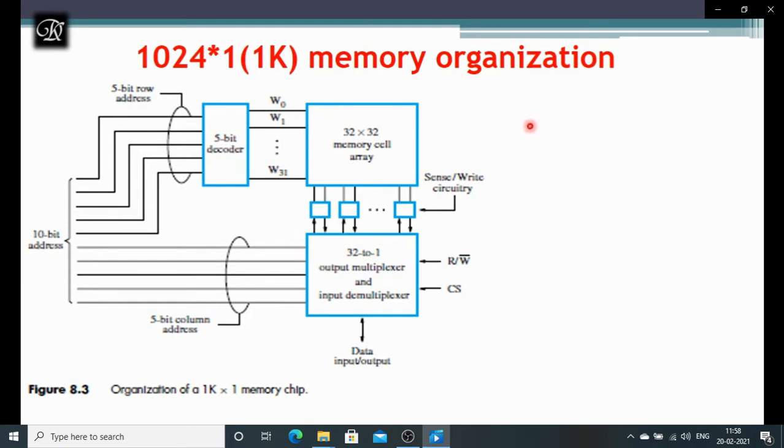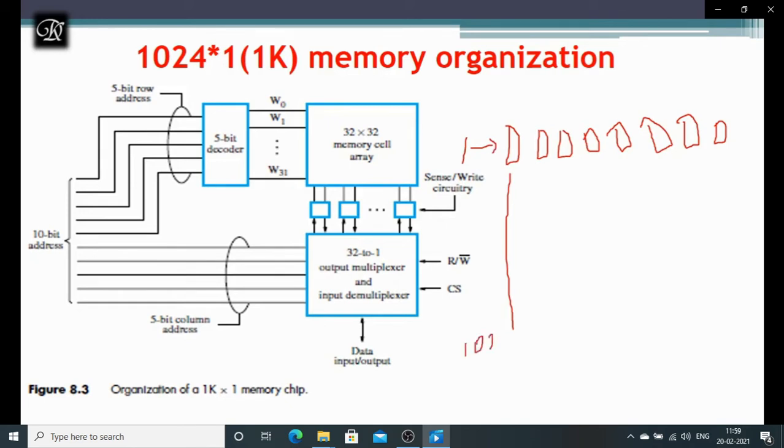Each word will have 8 bits, and as in the previous diagram, if you draw 8 cells, this is one word line, word line 1. For 1024 word lines, starting from 0, the last will be 1023. Totally it is 1024. The size of the memory would be very big.